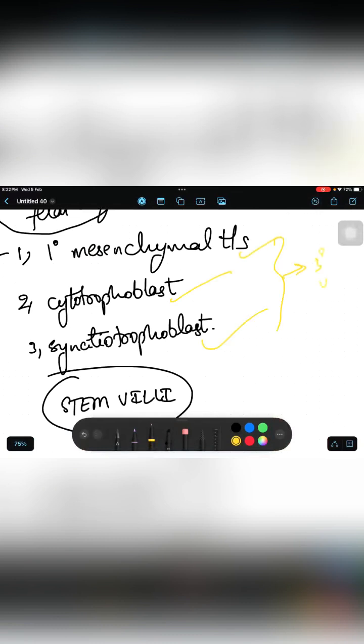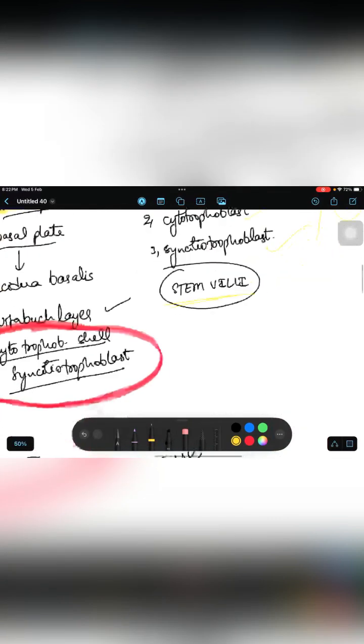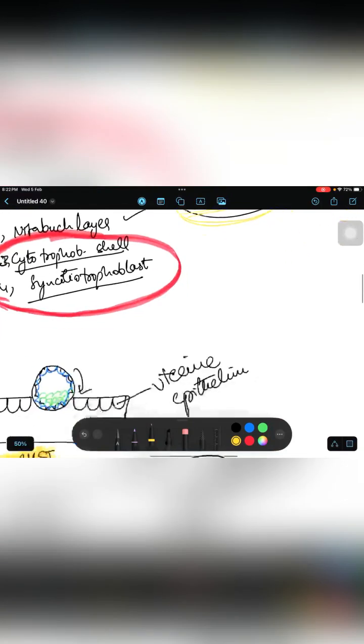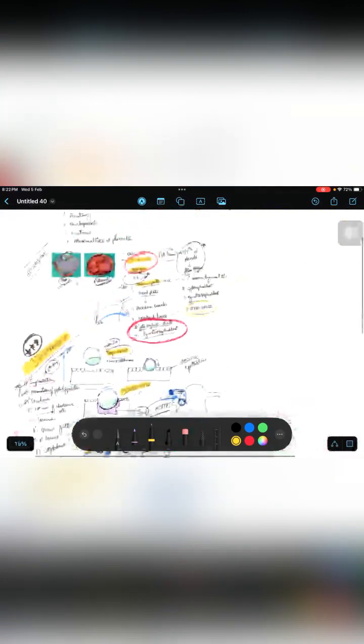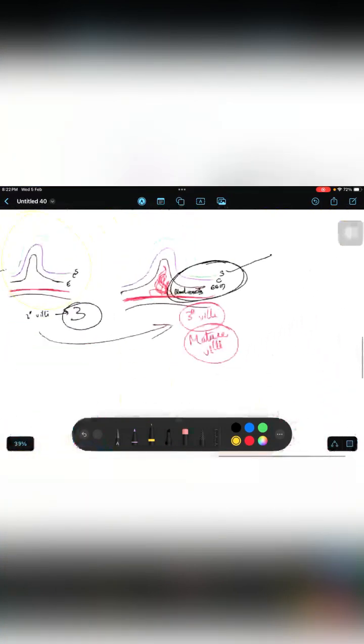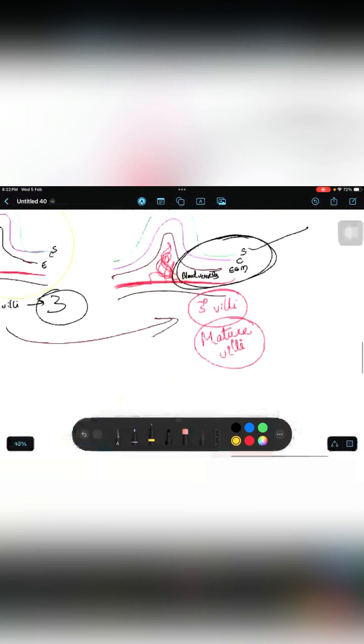It means it contains a tertiary villi. Here you have come to the conclusion that it is a stem villi or a tertiary villi. Now you can understand what it is. That itself is a chorionic plate. So no need to worry about so many terminologies. Here you have cracked it.